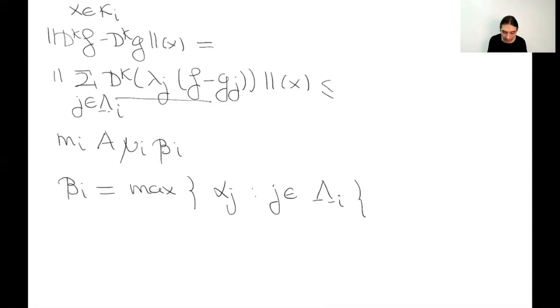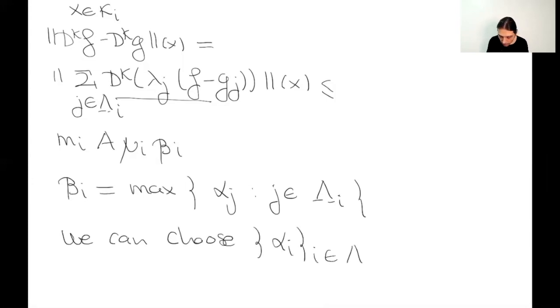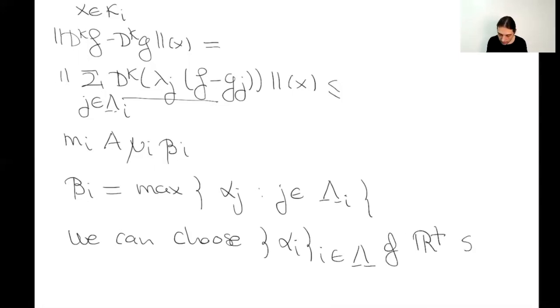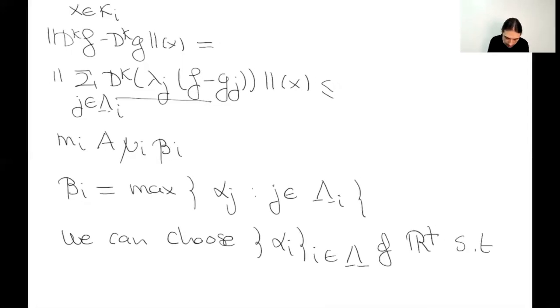And the point is that we can choose a family alpha_i of positive real numbers such that m_i times A times mu_i times beta_i is smaller than epsilon_i.